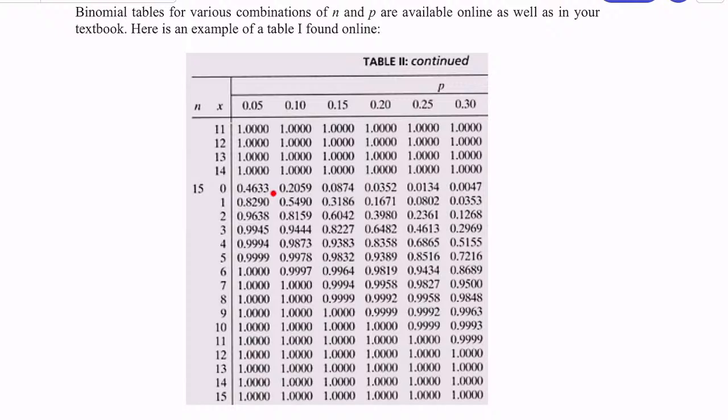This means 0 out of 15 with a P of 0.05. This means 1 out of 15 with a P of 0.5. And this one means 1 out of 15 or 0 out of 15, so it adds together this one with whatever was here. And you see they quickly become 1 because the probability is so low.